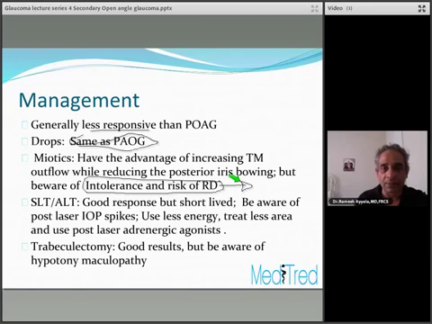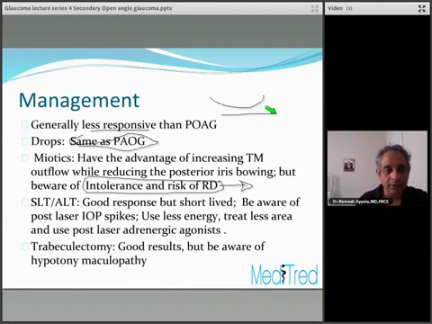The concept there is, instead of having the iris bowed like this, because of the use of pilocarpine and the stretching on the iris, you will straighten the iris, and consequently the posterior rubbing motion against the zonules is decreased. But you have to weigh that against the intolerance and risk of retinal detachment, because a lot of these patients are young myopes, and the intolerance of pilocarpine is pretty significant in this patient population.